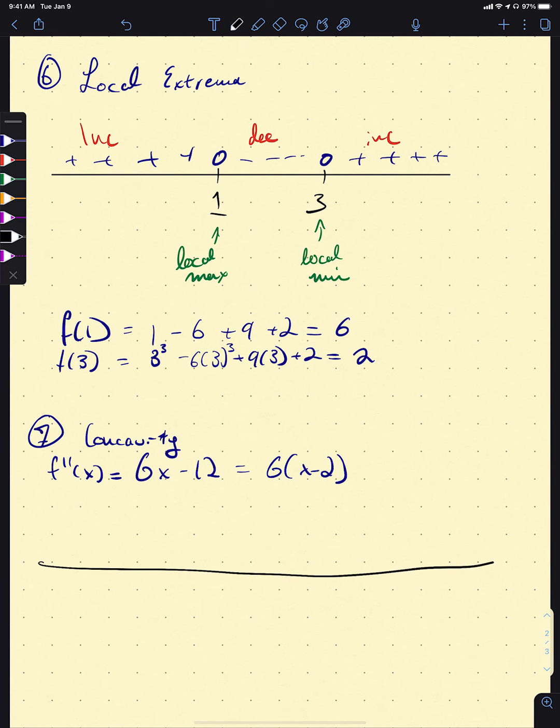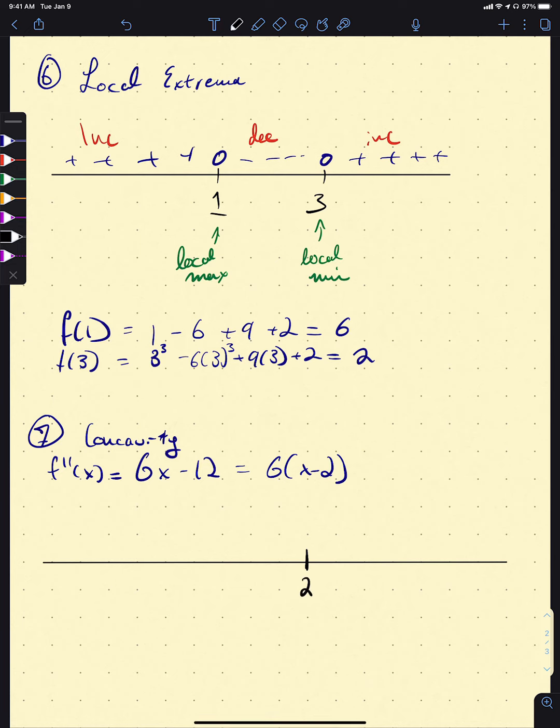And then we can build our second derivative test here. We have a 0 at x equals 2. If we pick something bigger, say 3, 3 minus 2 is 1, times 6 is positive. And then we can pick something like 0 over here, and from that, we can easily see that we're negative all there, okay?